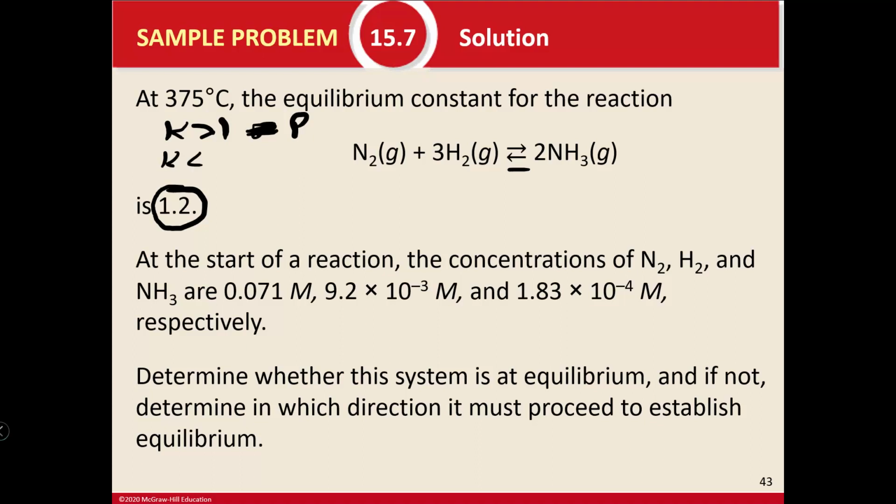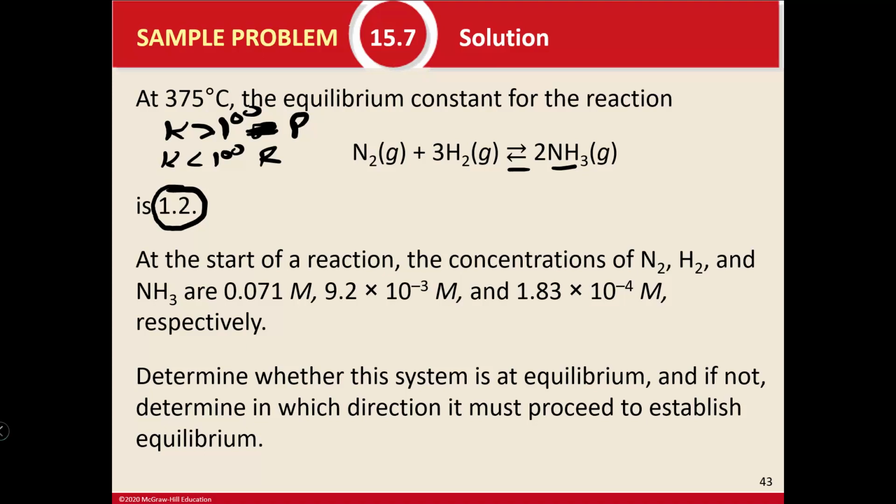If K is less than 1, then the reactants are what we mostly have when the reaction comes to equilibrium. Really, these numbers are usually greater than 100 or less than 0.01, maybe that's what I should say. When K is 1.2, it just tells me the products are favored a little bit, but all three things are going to be present at equilibrium.